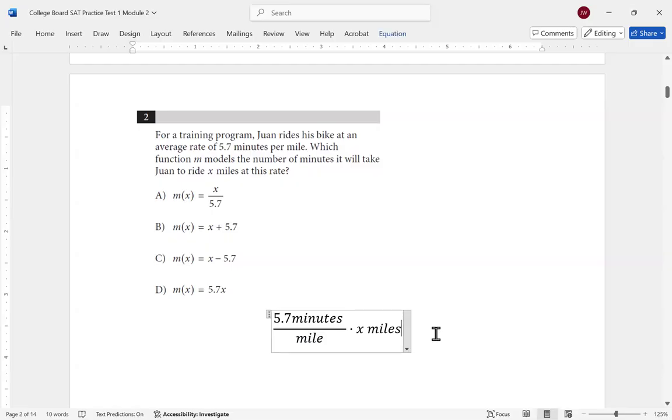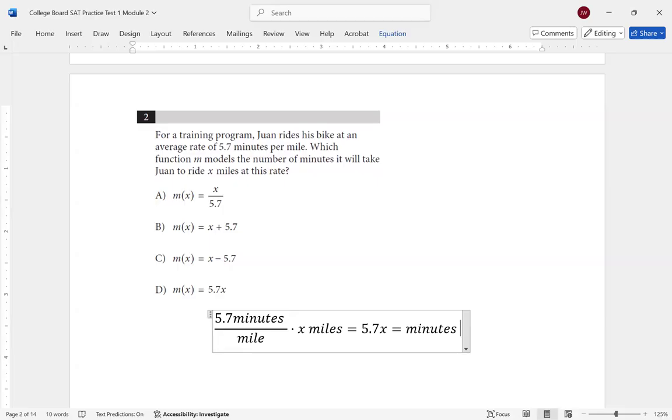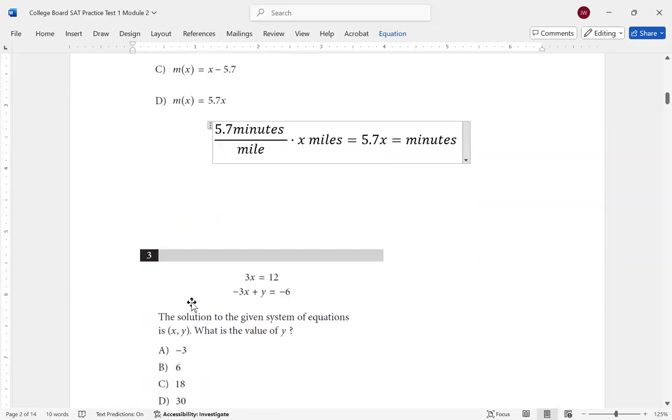And what we're getting there is just 5.7 times X. And that's giving us the amount of minutes that we're trying to get. So that is letter D. 5.7 times X is the amount of minutes it takes to ride X miles.